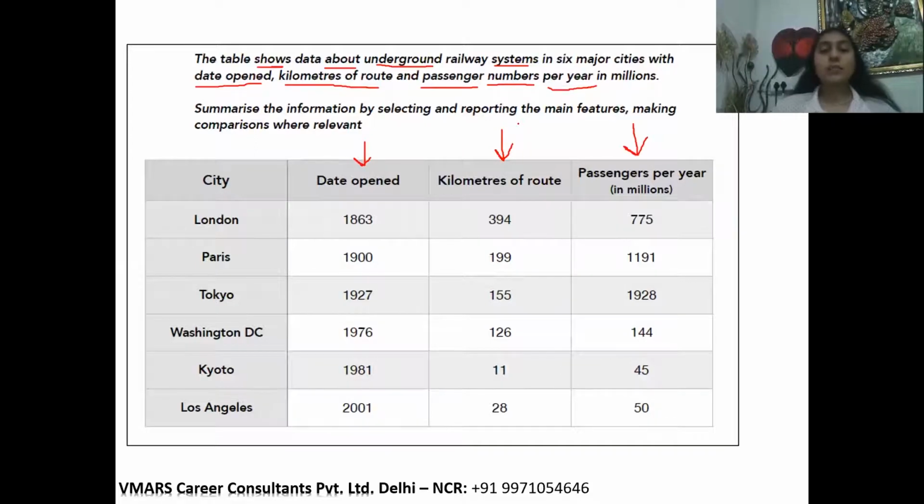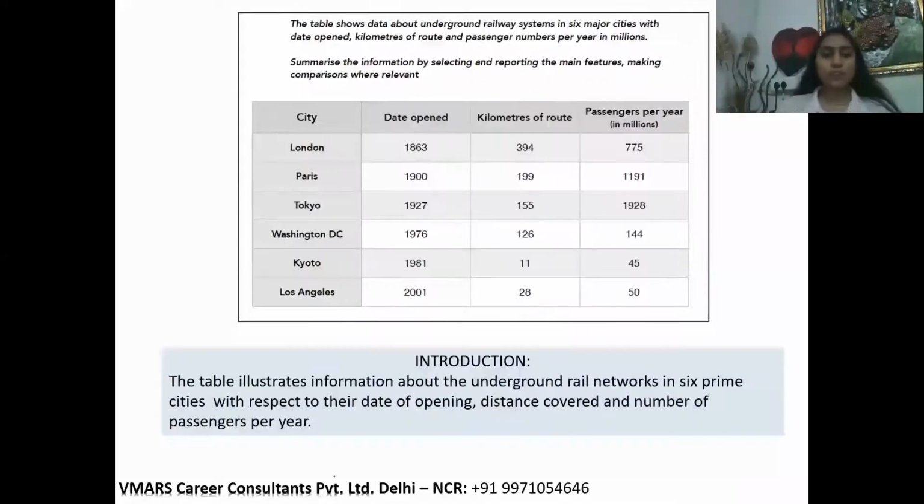Jasmeet, which is the most recently opened railway station? Los Angeles. Okay, and which city had the least number of passengers? Kyoto. Okay, thank you. Now let's move on to looking at the introduction.